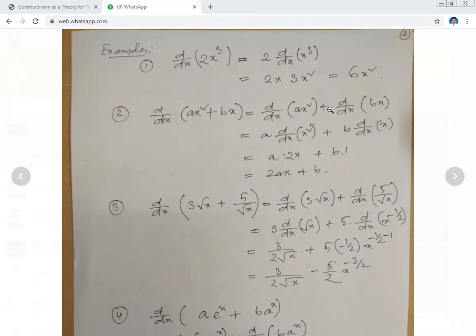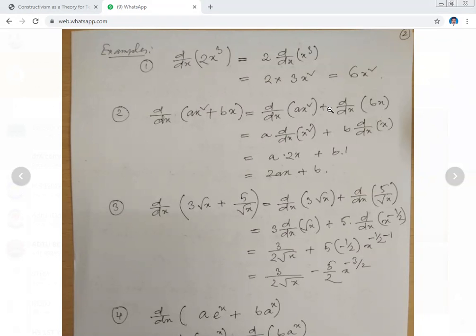In the last class, we did a few examples based on some basic formulas in formulas part one, and in the last part of the last class, I gave you two properties.